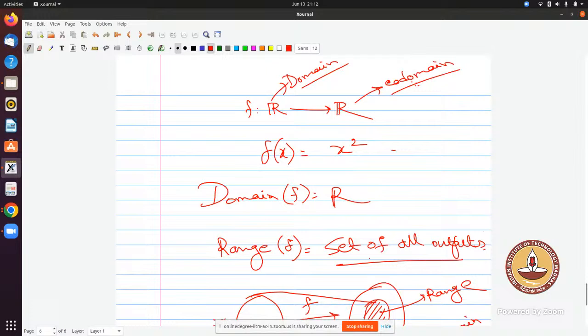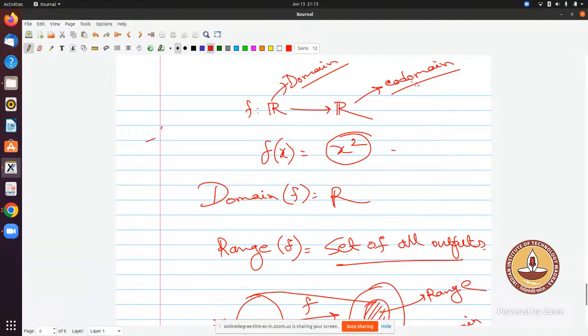Now for this function, what is the range? Can every real number come as an output? No, sir, only positive. Only R plus, sir. It is a square, so no negative number can be an output.